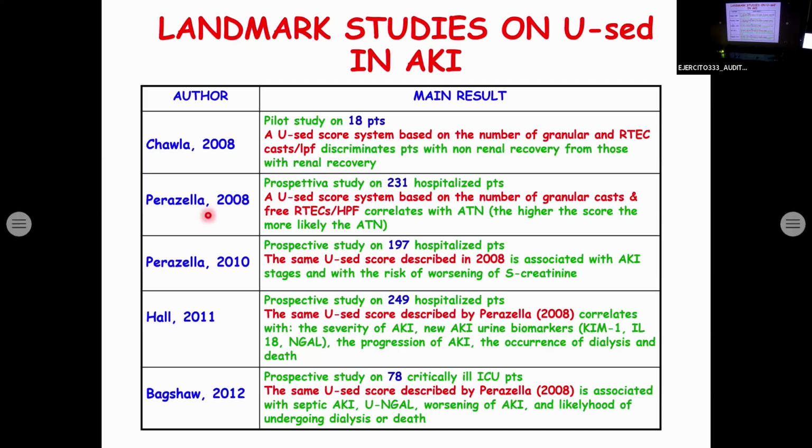Then there are the 3 studies of the group of Mark Perazella from Yale University. Large number of patients, prospective studies with a urinary sediment score based on the number of granular casts and free renal tubular cells found per high power field.